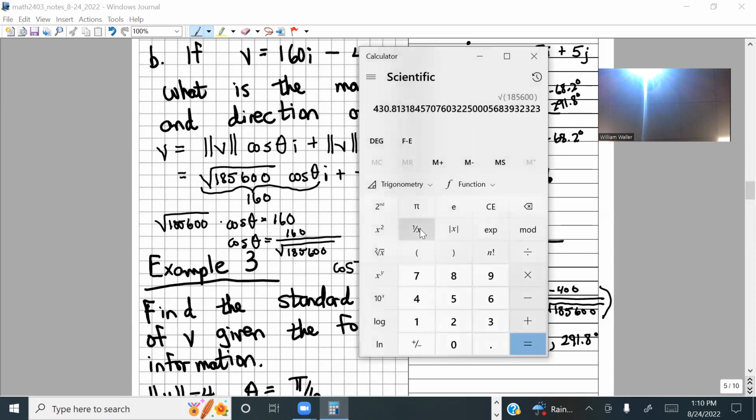And then let's invert that and multiply it by 160 for cosine. So 160 gives us this number. Is that right? Oh, yeah, that's probably right.